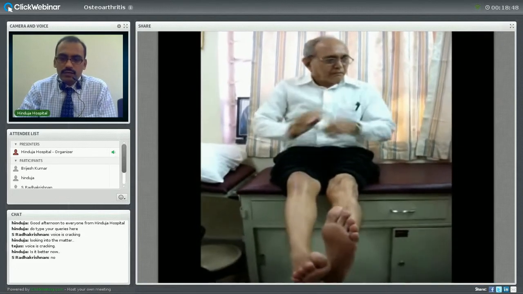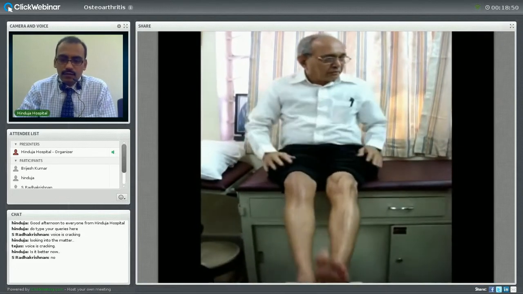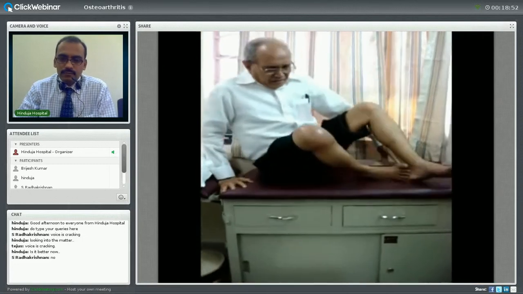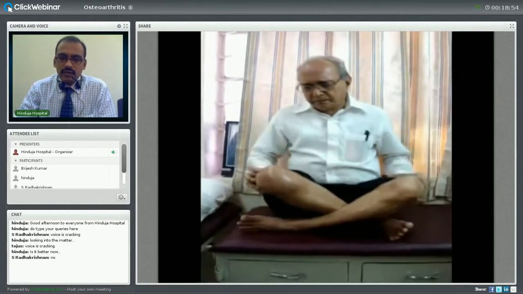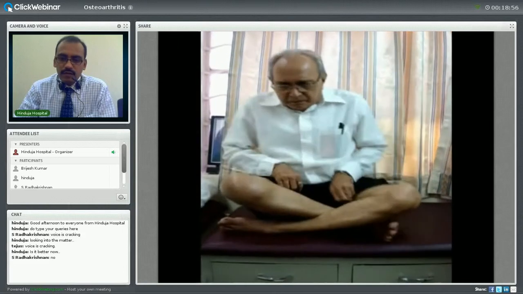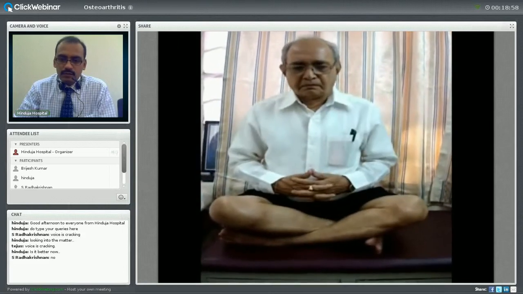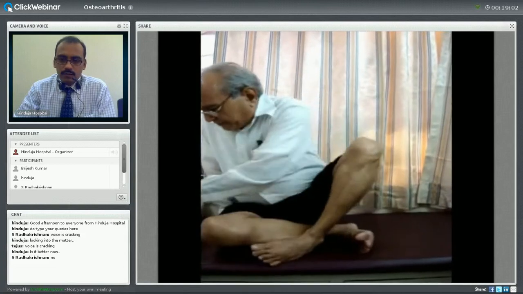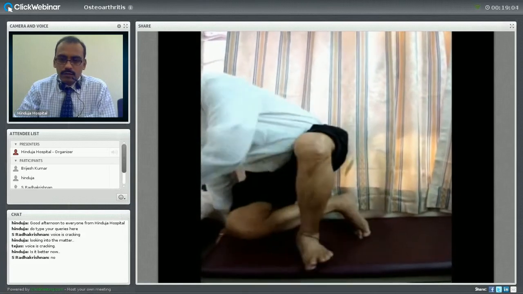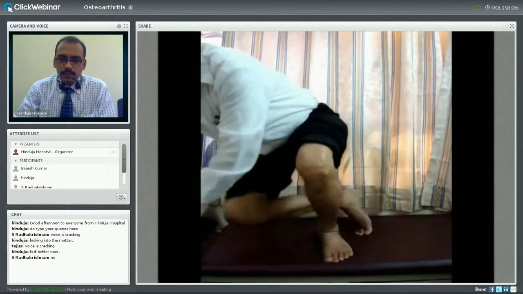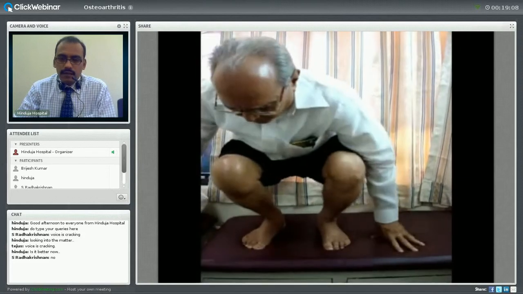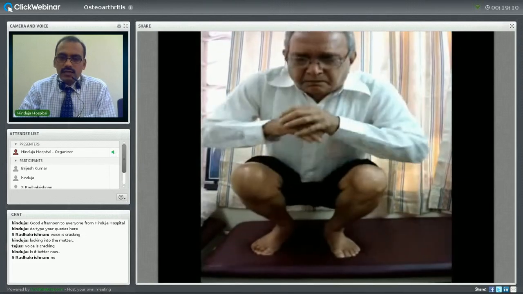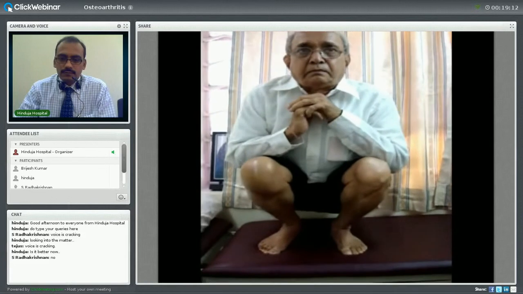This gentleman's right knee operation has been done, and he has good control of his leg. You can see he is sitting comfortably cross-legged. And even the Indian style squatting is also possible.